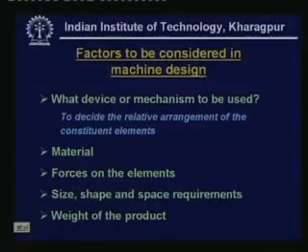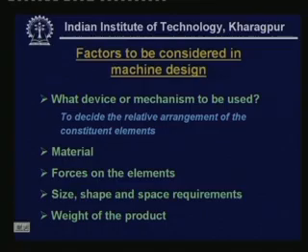Next comes the ideas of the shape, size and space requirements and forces on the elements, weight of the product, and these situations are also to be described. So, we can understand that material we have discussed; now, forces on the elements.